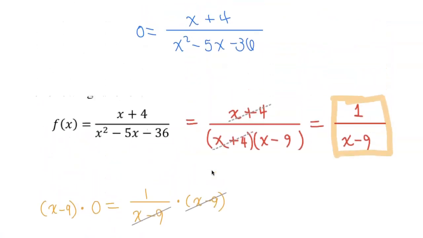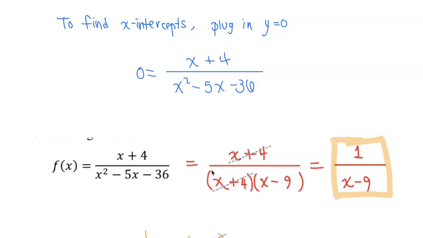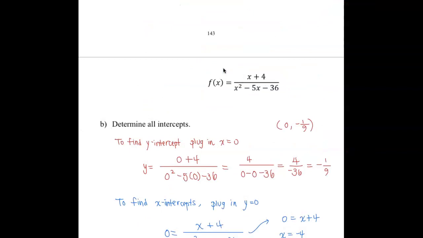I would have missed that if I had just set 0 equals x plus 4 and gotten x equals negative 4, because even though x equals negative 4 makes the numerator 0, it also makes the denominator 0. Remember what happened at x equals negative 4?